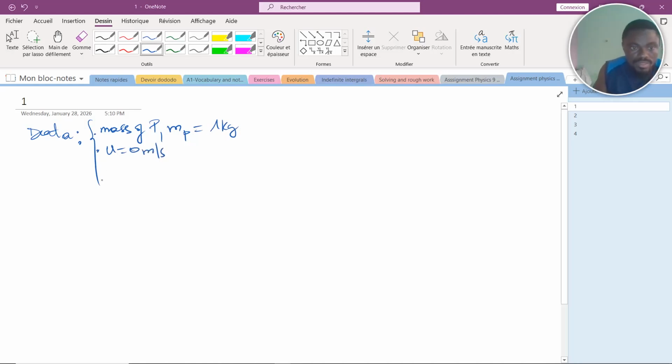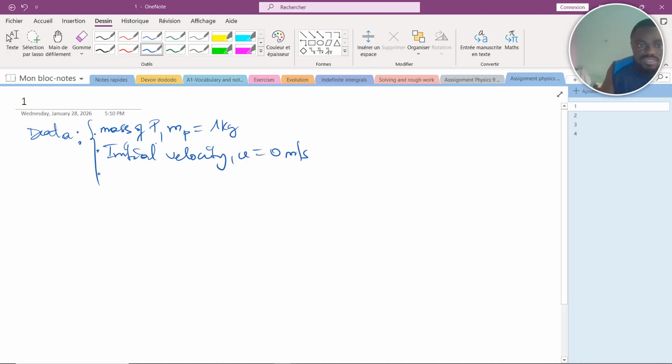Let me write this: initial velocity u equals 0 meters per second. The particle is also falling from rest.